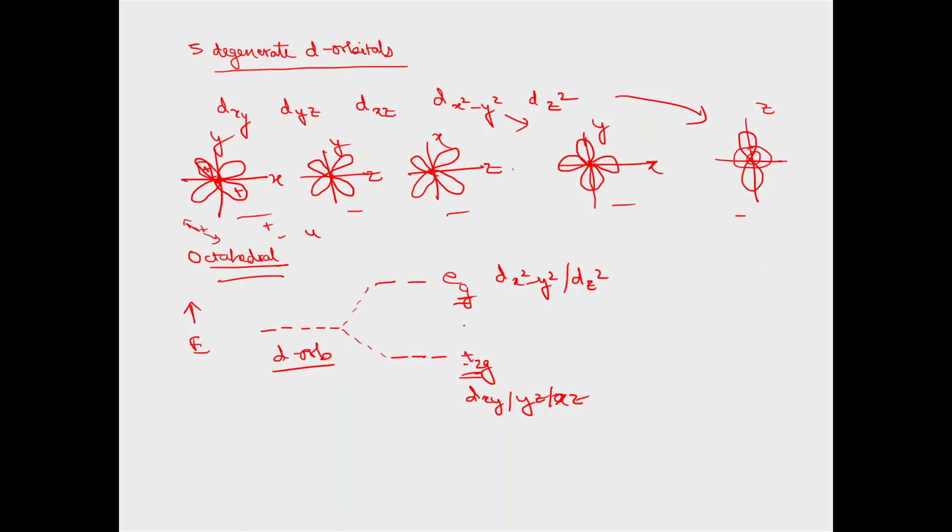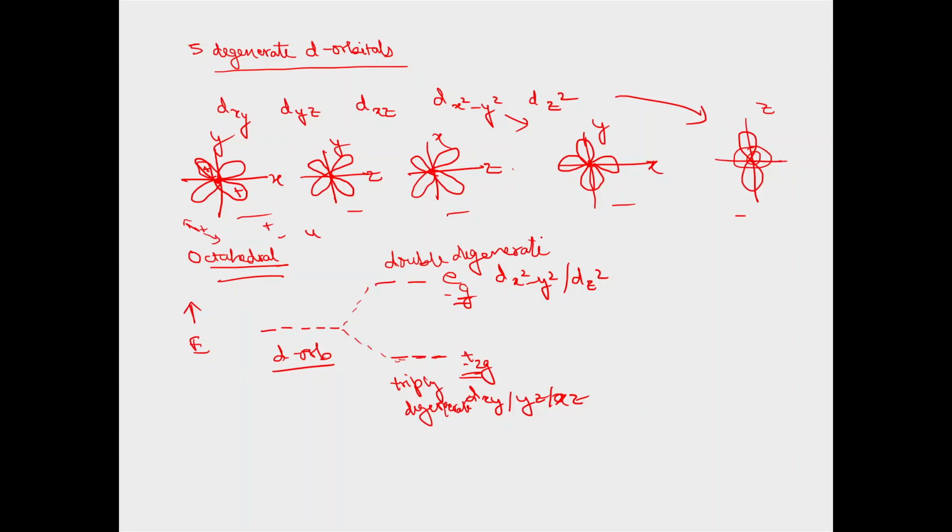And why is this T and E coming? This T is because it's triply degenerate, as there are 3 orbitals we can see. And the Eg one is doubly degenerate. So from here we have an idea of where these terms are coming from.